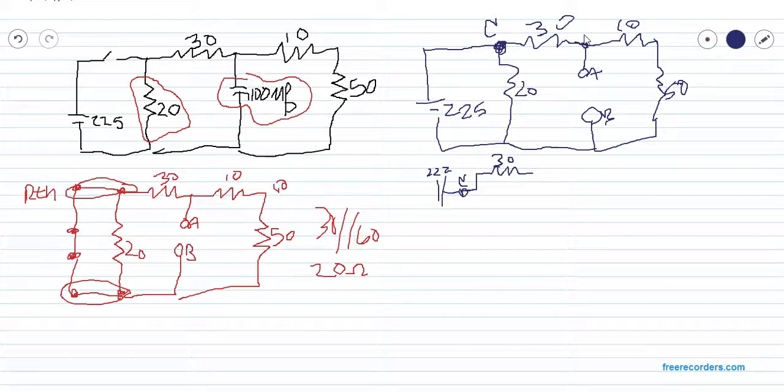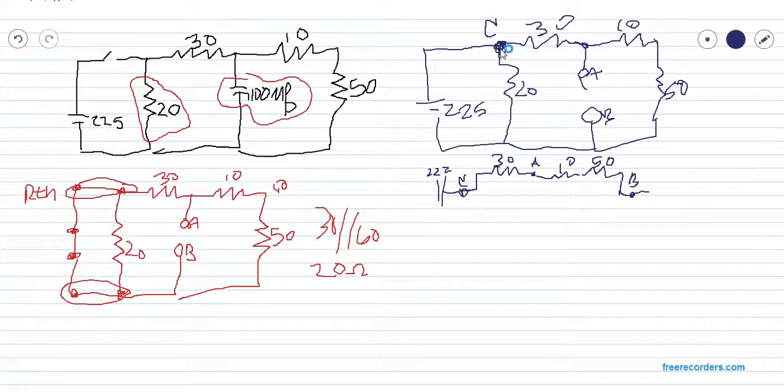And since this is basically a wire here, this A is actually right here, so we can go ahead and draw the A to make this easier to see. Then it goes through 10, then it goes through 50. That all goes back to essentially B, and then to the other side of the voltage source.